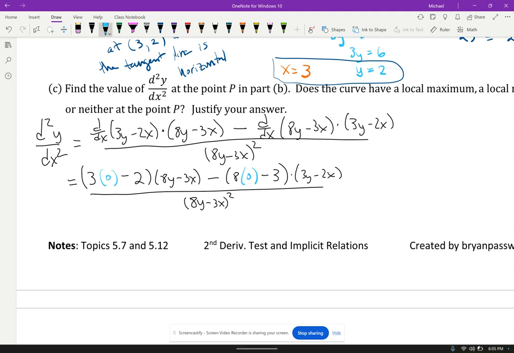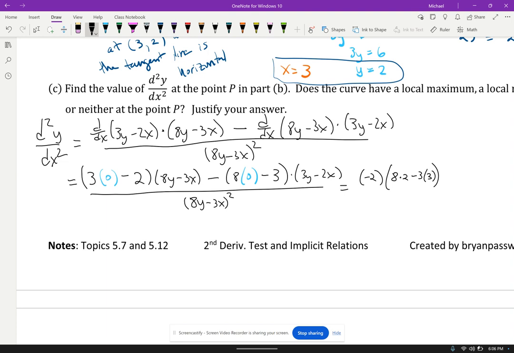Okay, I'm not going to simplify. What I'm going to do is start plugging in this x value and this y value in this formula. In the first set of parentheses, that's going to collapse down to negative 2. In the second set of parentheses, it's going to be 8 times 2 minus 3 times 3, right?